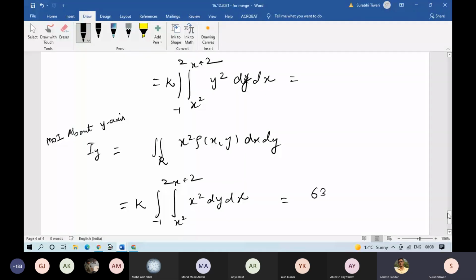This is 63/20K and this is 423/28K. So these are the moments of inertia.